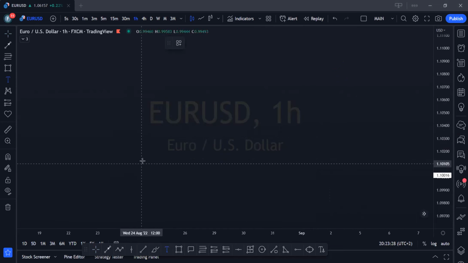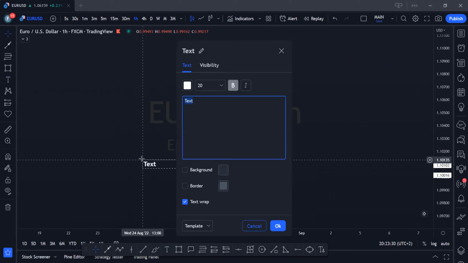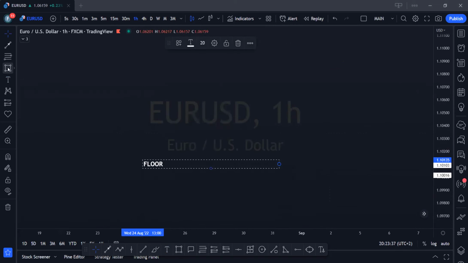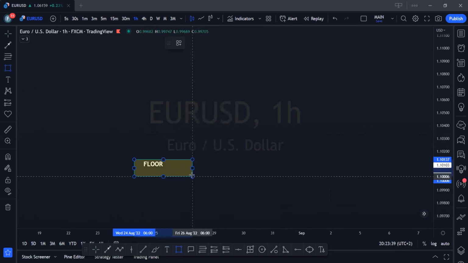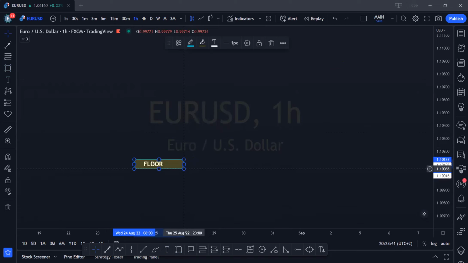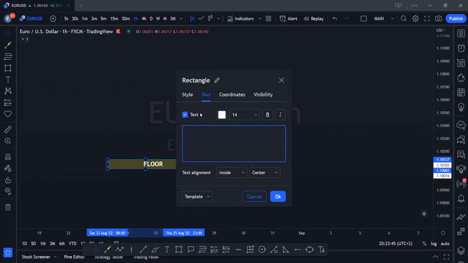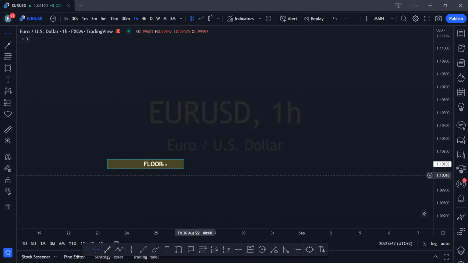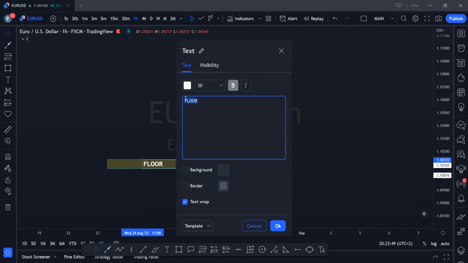So a support is an area of the market that acts as a floor. All right, a support zone is an area of the market that acts as a floor. I will explain now. Just like the floor in your apartment right now, most likely if you throw a ball on the floor, it will bounce back up.